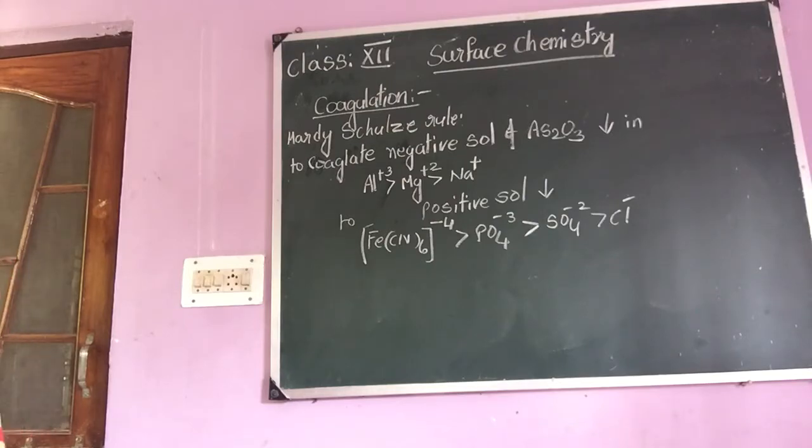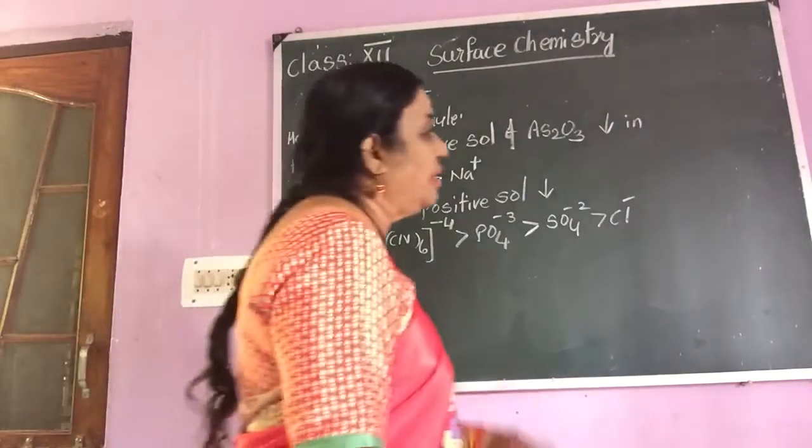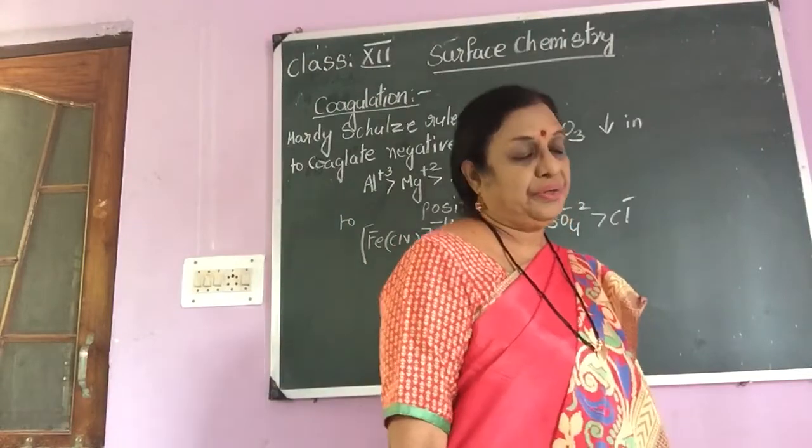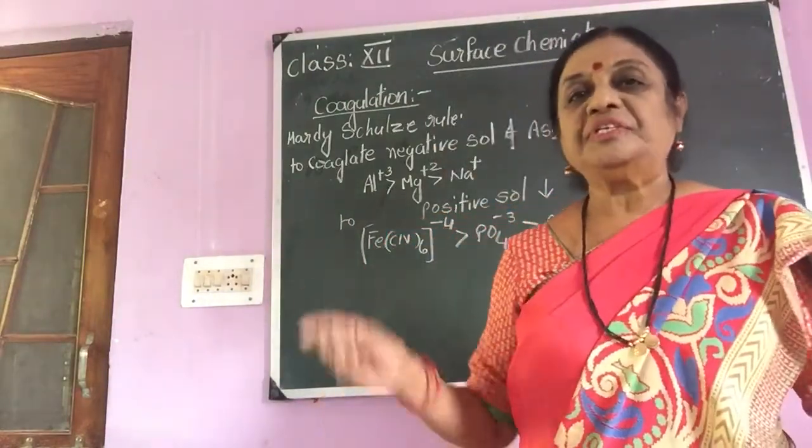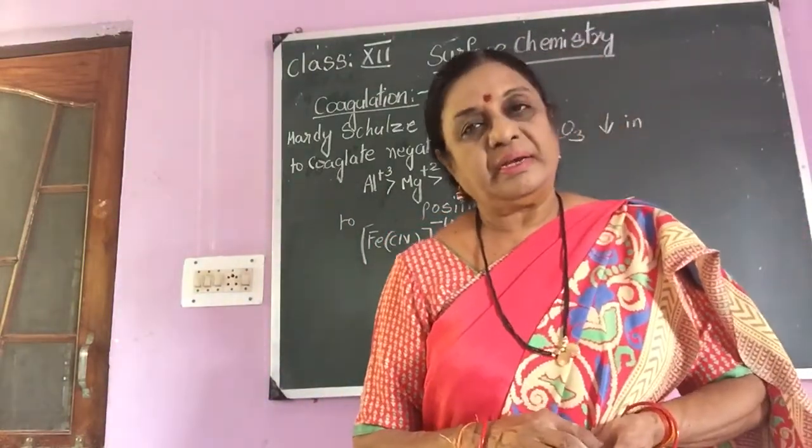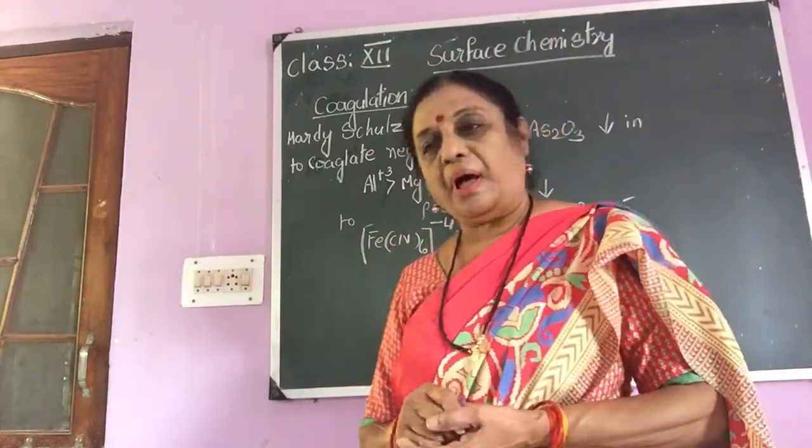The greater the valency of the ion present in the electrolyte, greater will be the coagulating power.